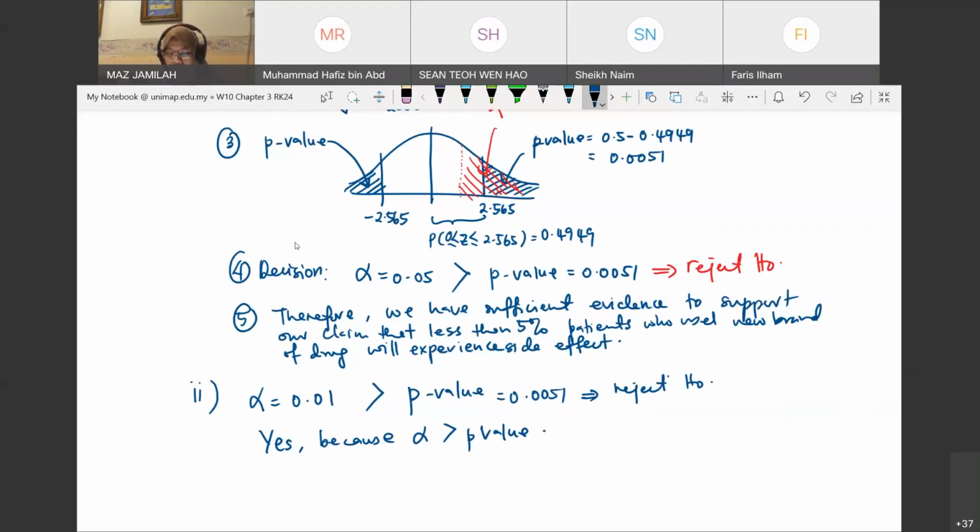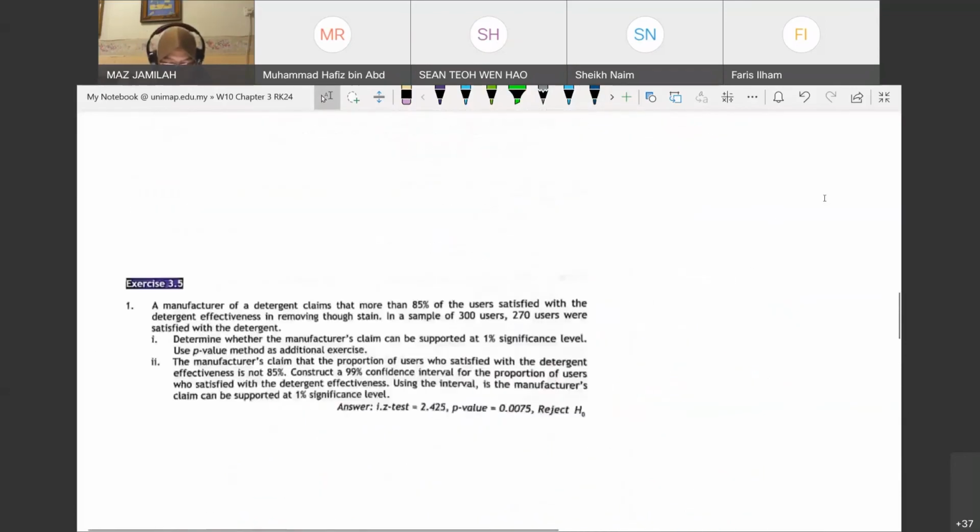If you say 0.51%, I'm sorry, I didn't hear the percentage just now, that will be correct. At least the alpha level equal to your p-value, so that we will not be able to reject the null hypothesis. That will be the last point for our lesson tonight.